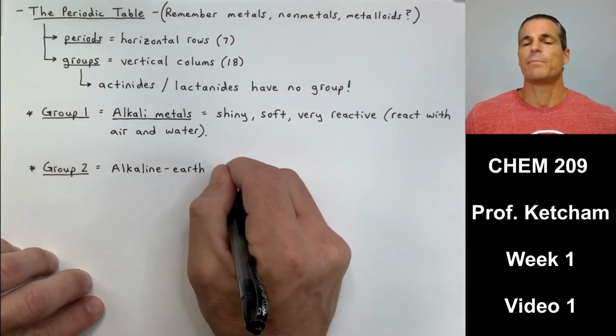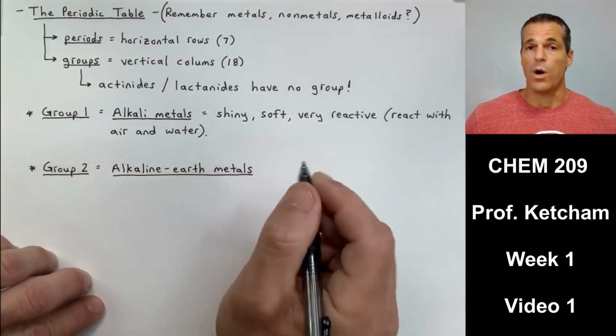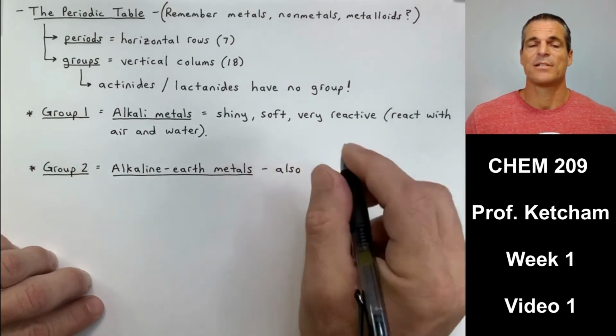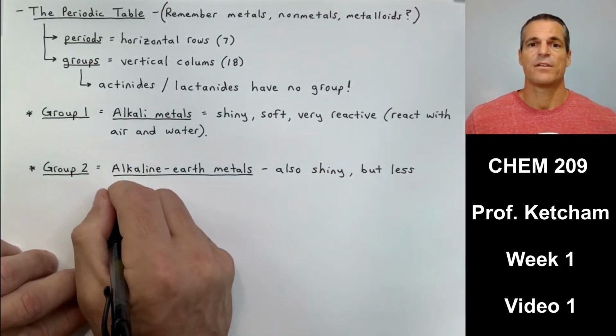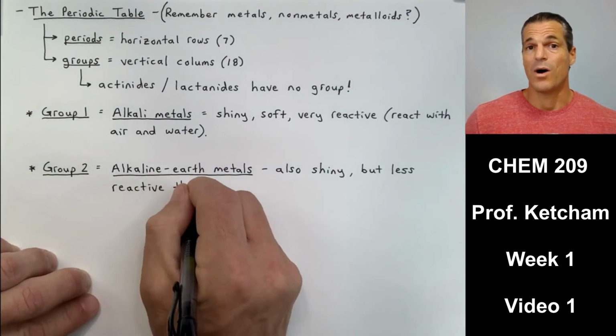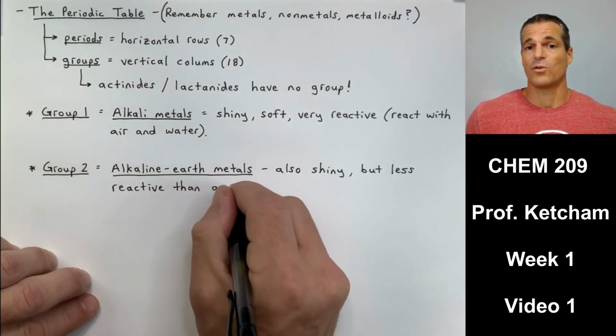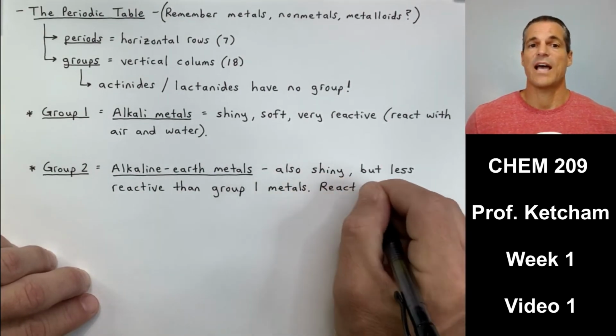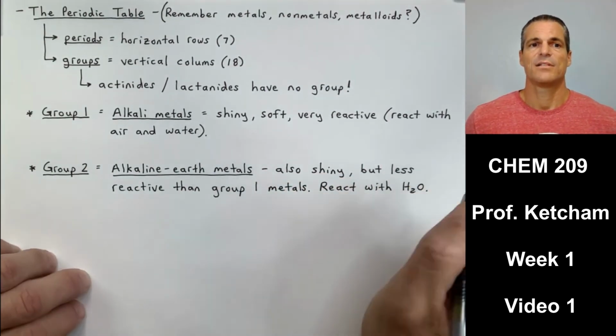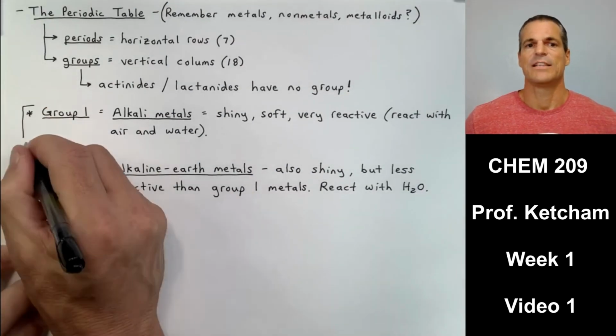So, some important groups are group 1, the alkali metals. These are shiny, soft, very reactive, and they react with air and water. So when they're stored, they're actually stored in oil because they're so reactive. Group 2 are the alkaline-earth metals. These guys are also shiny, but less so.